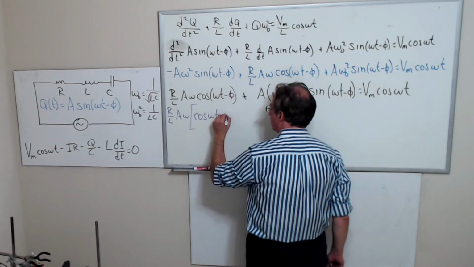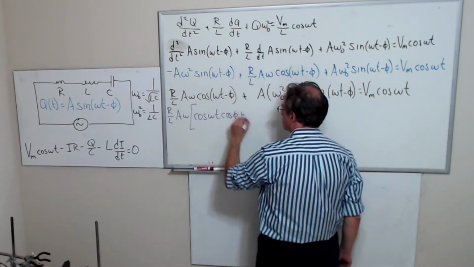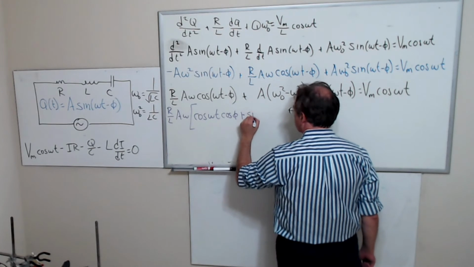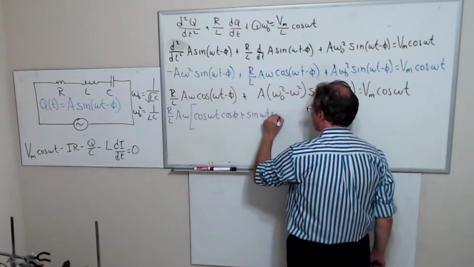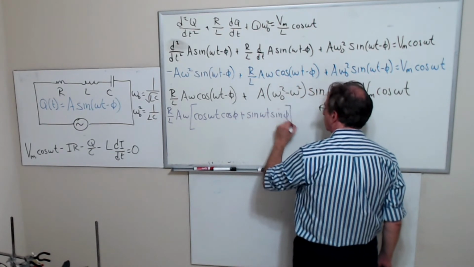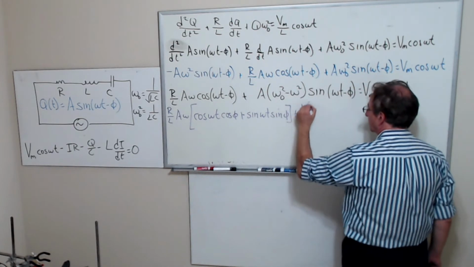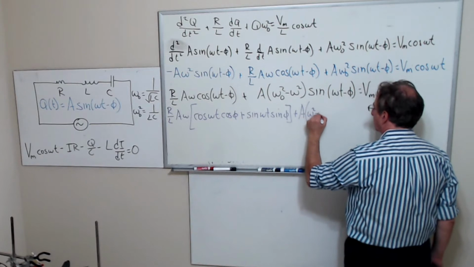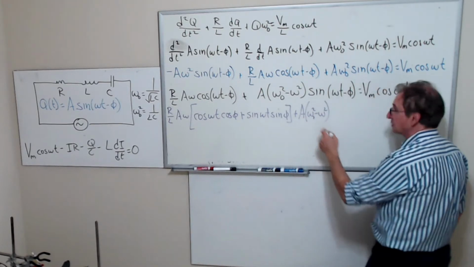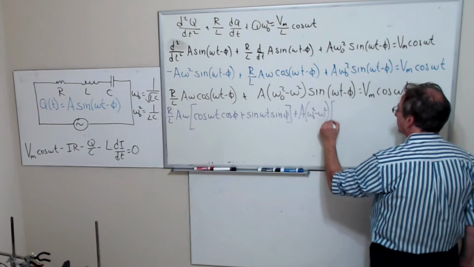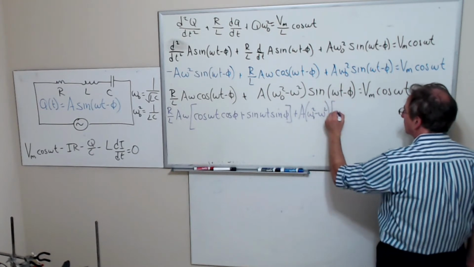Cosine omega t, cosine phi plus sine omega t, sine of phi. And then this term, I'm trying to scrunch this out so I have more space. And then this one's going to be sine cosine.